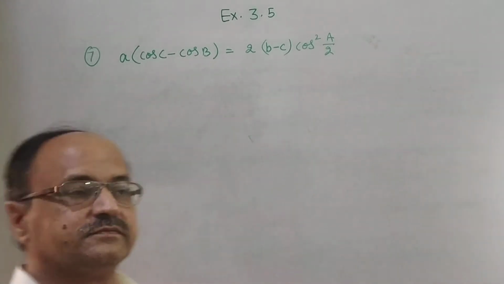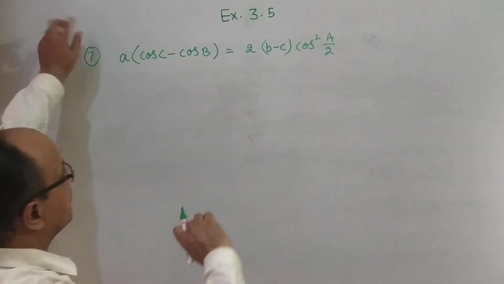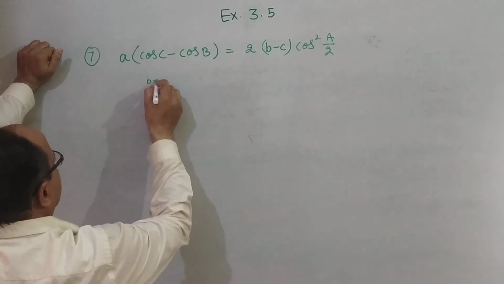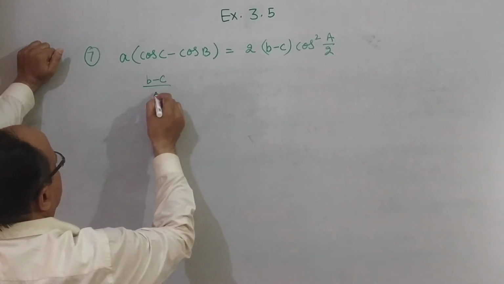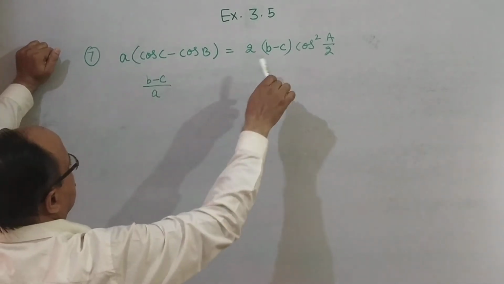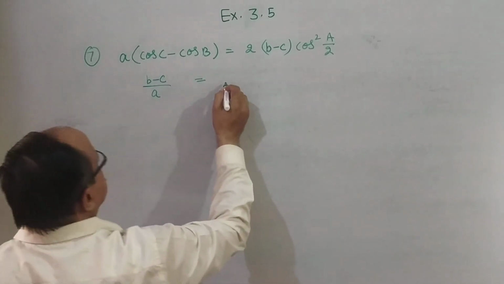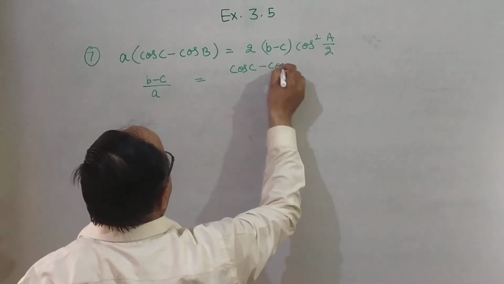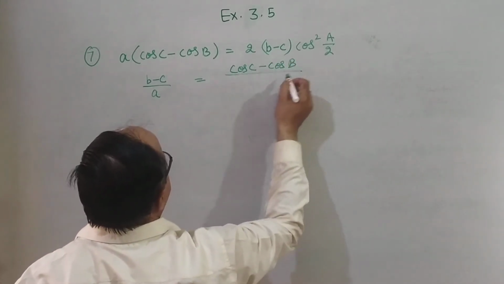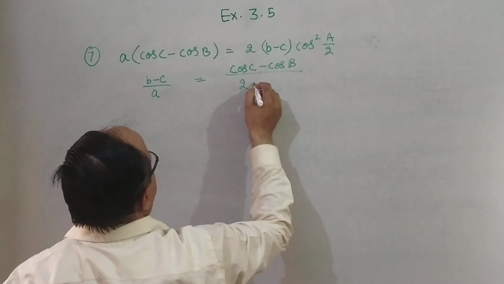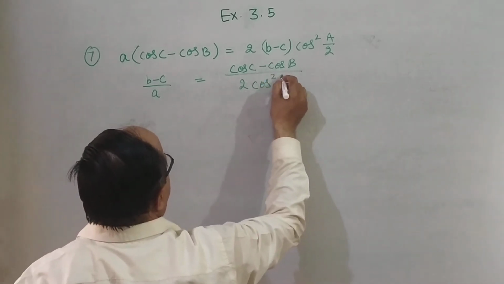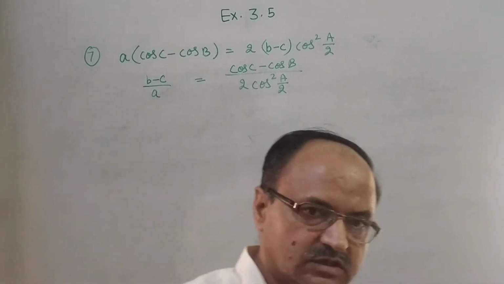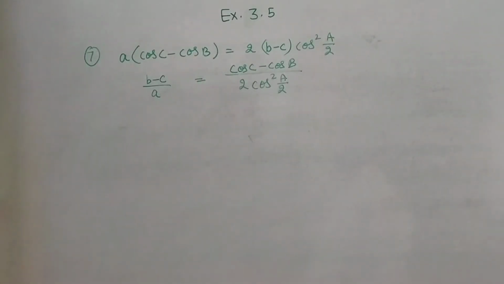Very important question. Now arrange the question like this. You can write (b minus c) by a is equal to cos C minus cos B upon twice cos square A by 2. Firstly write like this.